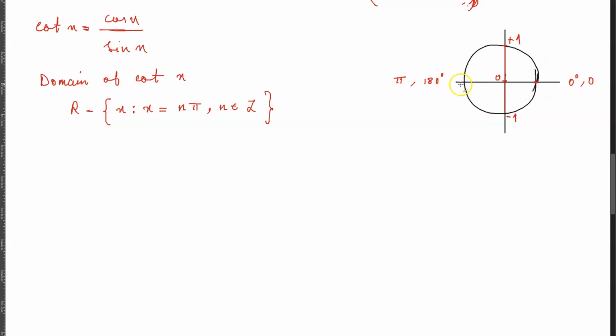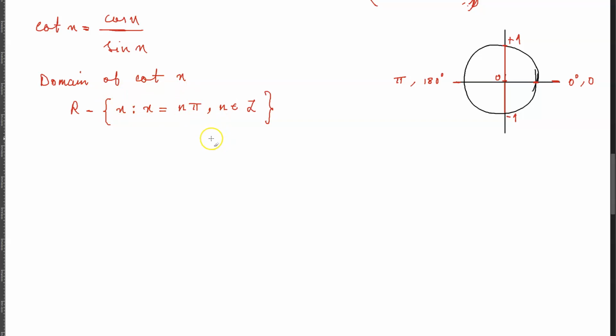And of course, n can be a negative integer as well, meaning that you could go in the other direction, and then still you would end up either at this angle or at this angle. In both cases, the sine is going to be equal to 0. Which means that the domain of the cot function is all the real numbers except for all of these x's that we specified here.